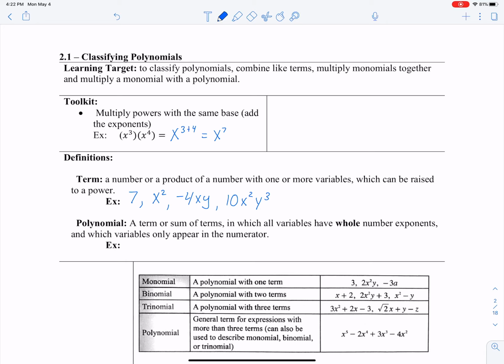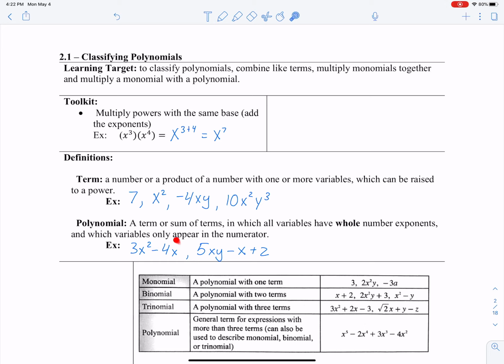So an example of a polynomial could be 3x squared minus 4x. That's a polynomial. You could have 5xy minus x plus z. Okay, that's a polynomial.